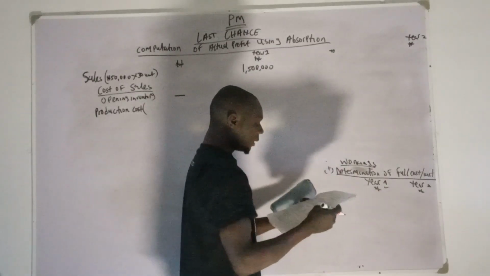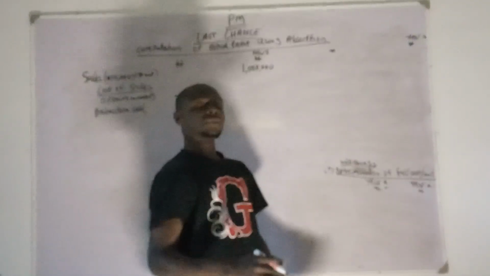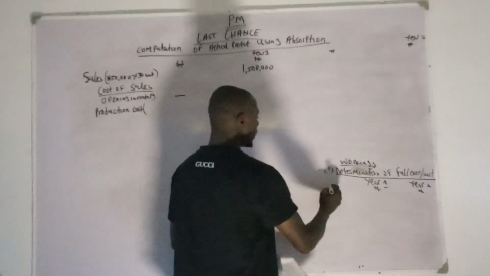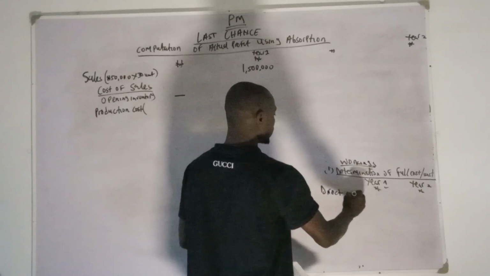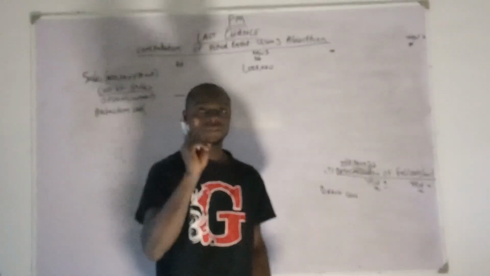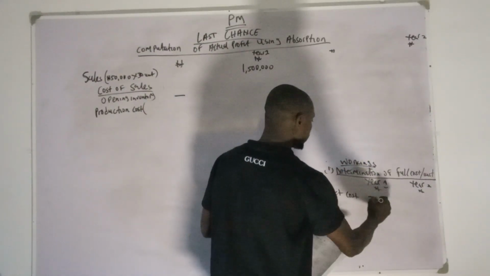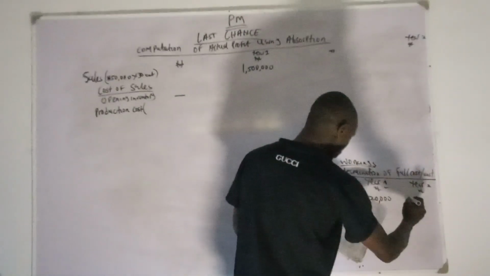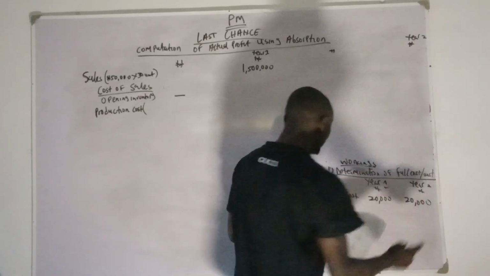Now, for year 1, the variable cost first. Let's pick the variable cost, actual, right? So we have direct cost per photocopier per 1. That is why it is called unit cost. This is 20,000 for year 1, and it is also 20,000 for year 2.